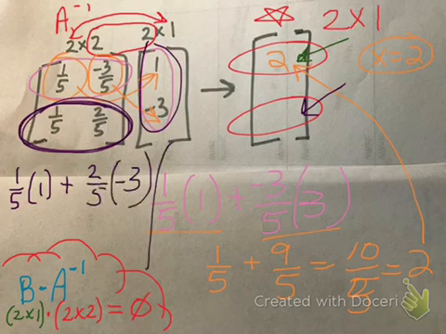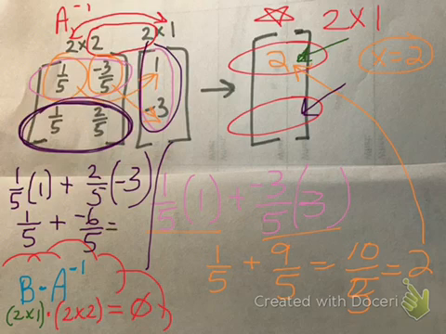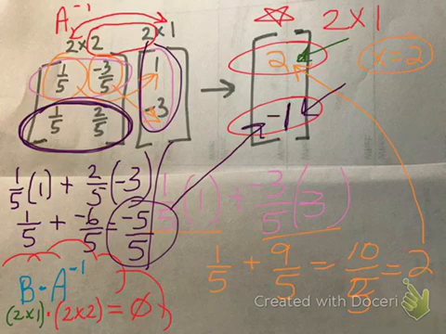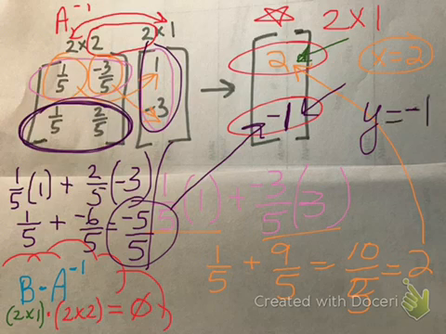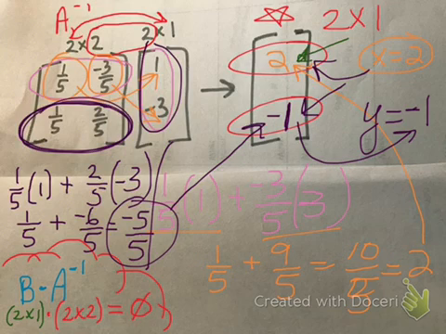Getting kind of messy here. 1/5 plus -6/5 is -5/5. -5/5 equals -1. So it has a happy ending even though we have these yucky fraction answers. So the top number is 2. The bottom number is -1. So here's a crash course on using matrices to solve equations.